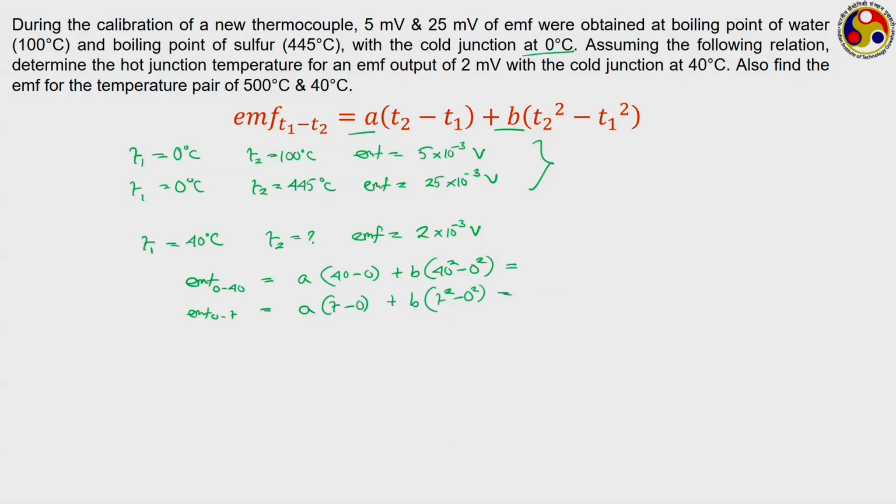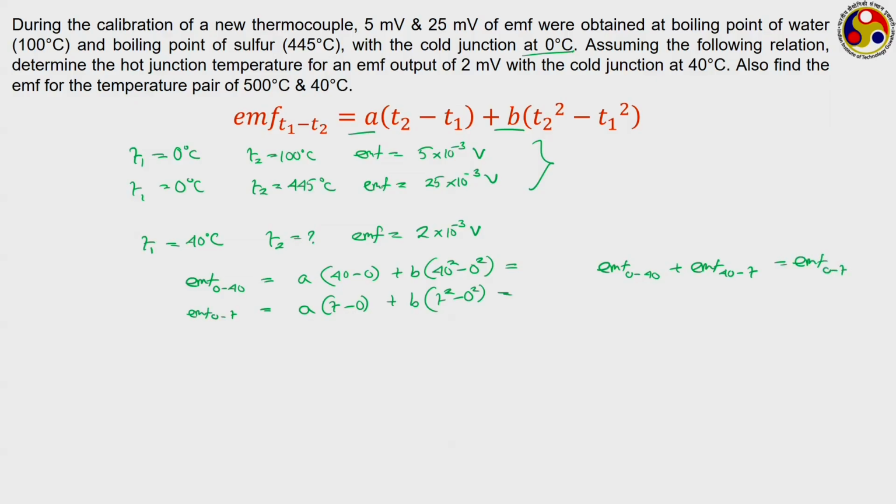Now, what we know from our previous discussion about the laws of thermocouples is that the EMF corresponding to 0 to 40 plus the EMF corresponding to 40 to some T should be equal to the EMF corresponding to 0 to T.